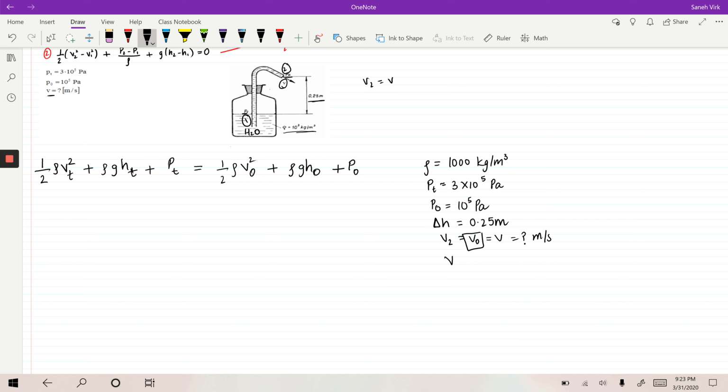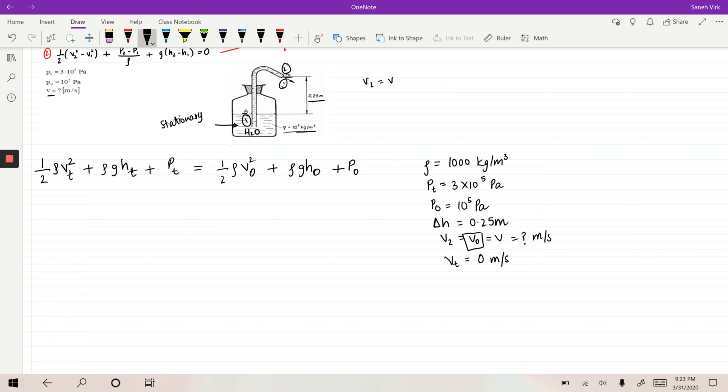What is vt, which is v1? The water in the container is not moving, so it is stationary. If something is stationary, it does not have any velocity, so vt is 0 meters per second.